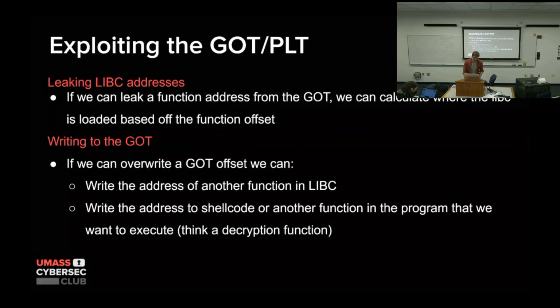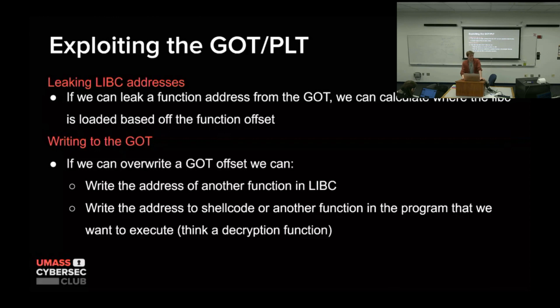So let's talk about exploiting these two tables real quick. If we want to call a libc function, we need to know where it is in memory, right? So something that we can do, because we know where the global offset table is, it's part of a user-defined process, so it's loaded in a fixed place in memory for now, is just leak that memory address, right?